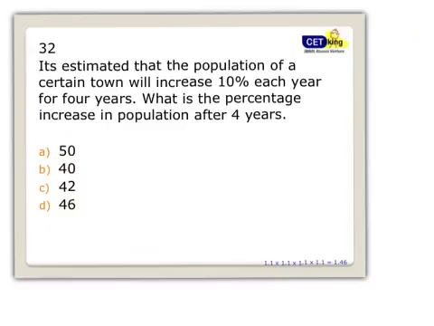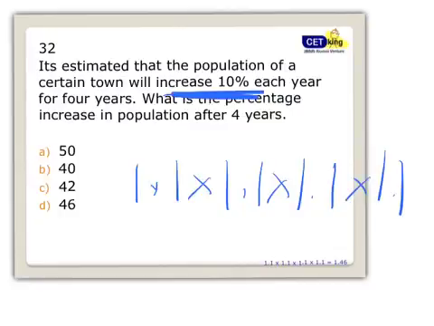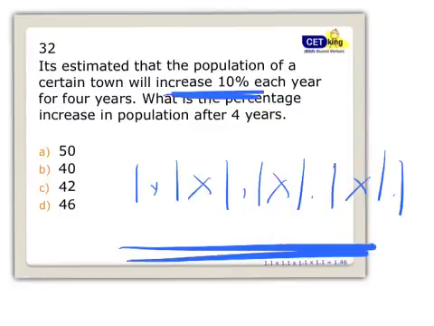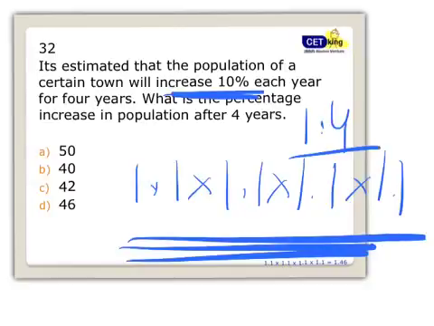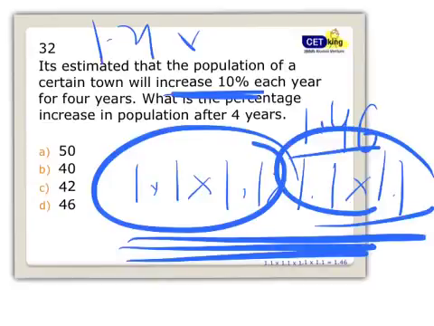If I want to avoid the calculation here, can I assume that earlier my population increased by 10%, so it became 1.1? A 10% increase is 1.1: it was 100, it became 110; it was 1, it became 1.1. A 20% increase: 1 became 1.2. A 50% increase is 1.5. That's the increase in one year. Next year again 1.1, third year, fourth year. That's my total increase, 11 four times. 11 square is 121, 12 square is 144, so more than 140.